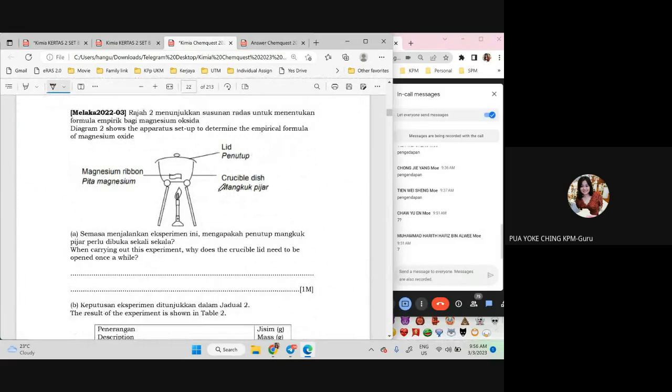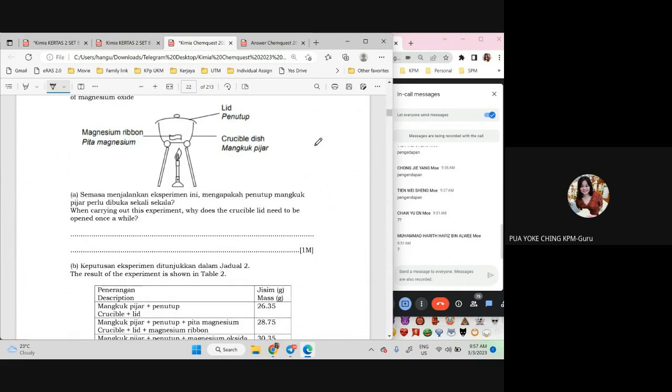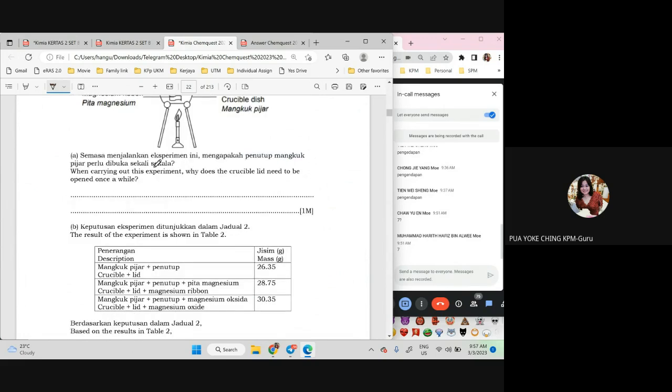So next is for this one, crucible, the empirical formula experiment. So untuk empirical formula experiment, tolong baca balik all the steps. Kenapa buka sekali skala? Why the crucible need to be open once and why to allow the oxygen enter so that the combustion's complete.